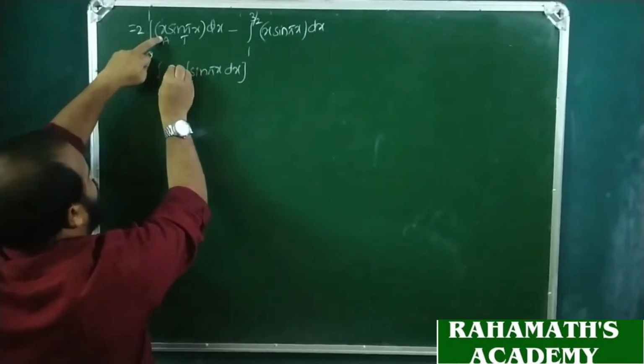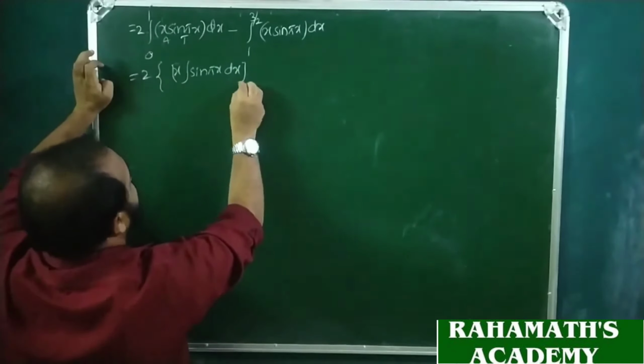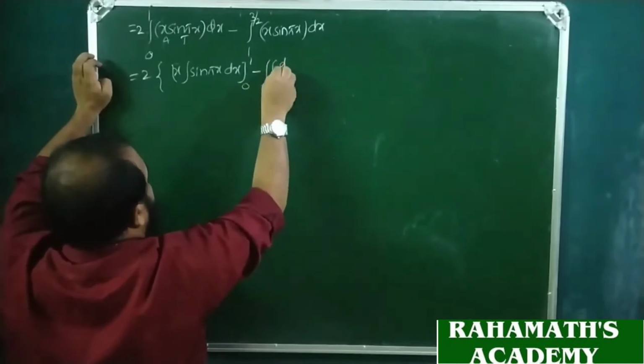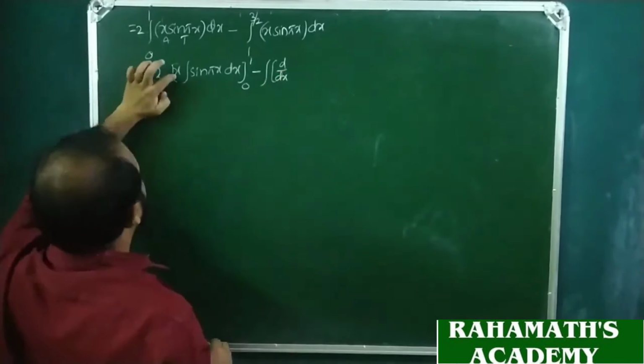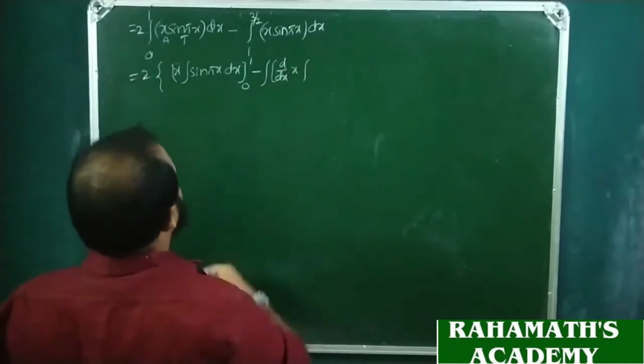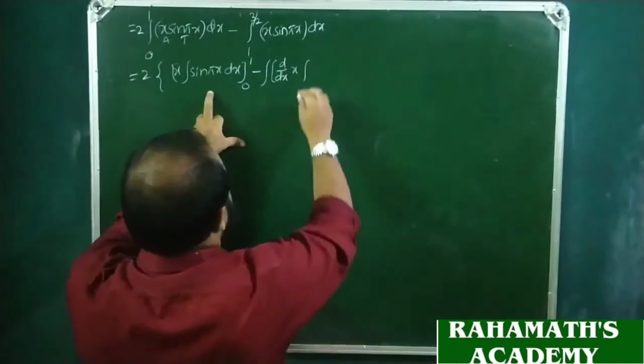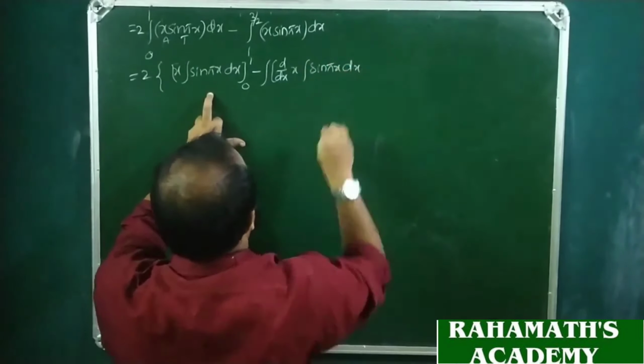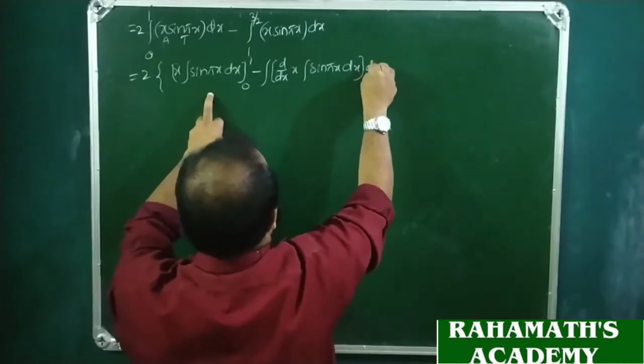This is, from 0 to 1, minus integral of d by dx of x into integral of sine pi x dx, whole dx.